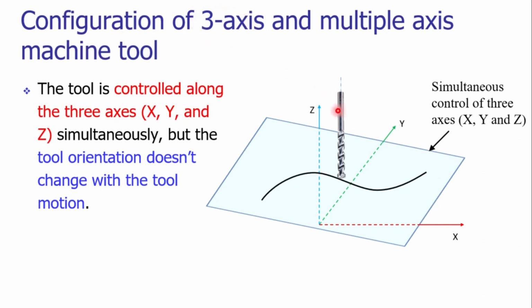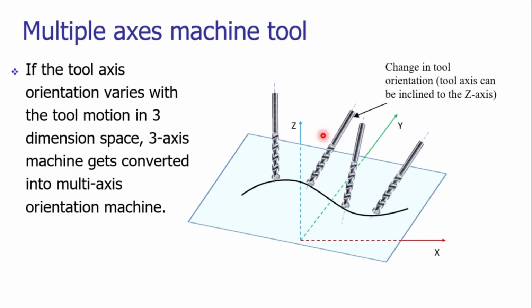When we have an inclination of the cutter axis with respect to the Z axis, then we are adding an additional axis to the configuration. That can be seen on your screen. Here the tool orientation has been changed. The tool is not parallel to the Z axis.